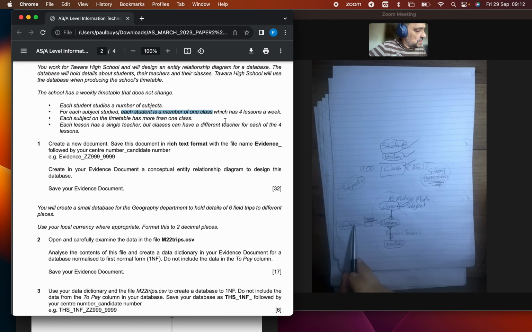So we're going to do class ID in this, and this is the foreign key. Okay, so that links these two tables now, and that gives us our relationship like that.